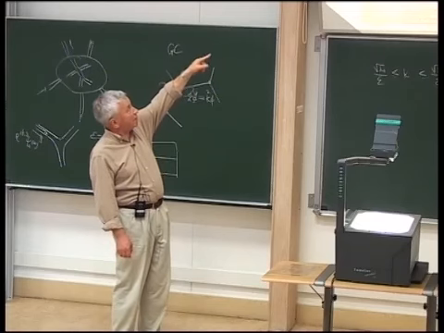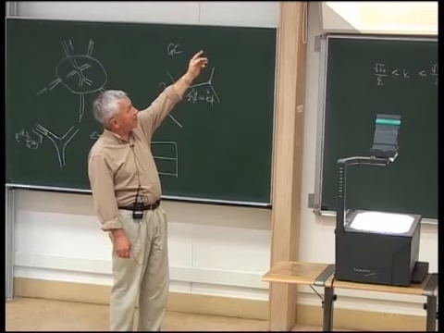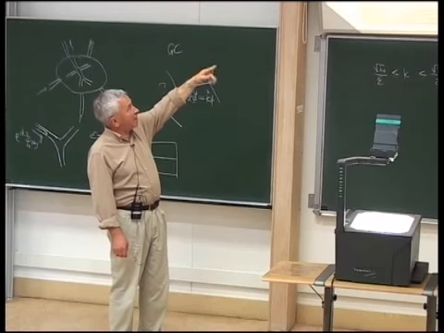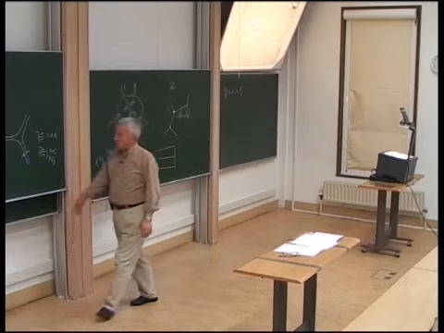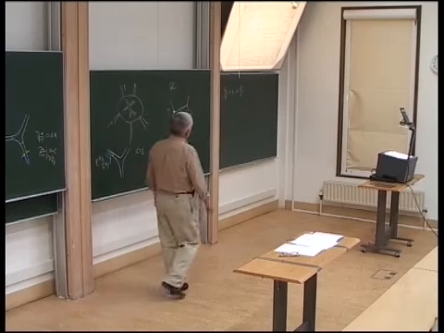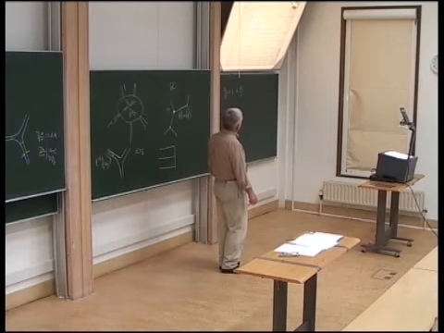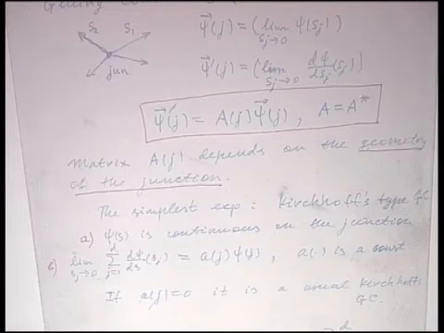The sum of the limiting derivatives is equal not to 0, which is a particular case, but equal to a constant times the value of the function psi on the junction, and the function psi around the junction must be continuous.